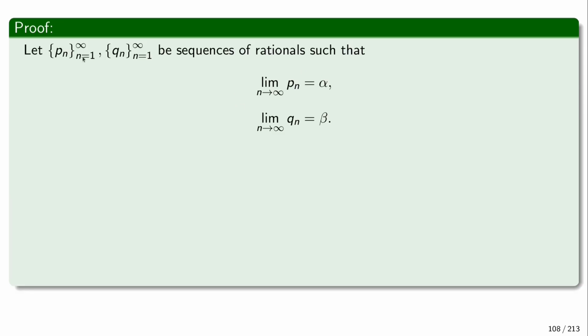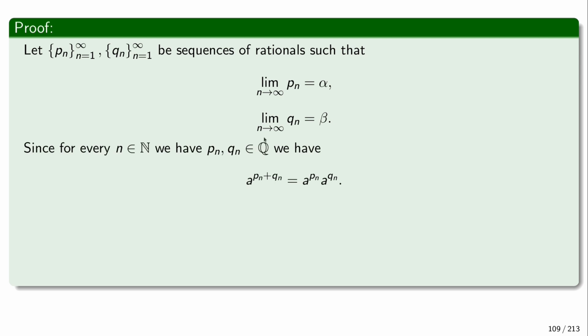First of all, let us choose any two sequences of rational numbers, so Pn converges to alpha and Qn converges to beta. Since for every natural n those are rationals, we already know the law of exponents. But the tricky thing is that when we want to prove that the same holds for real numbers, we need to do this limiting procedure.